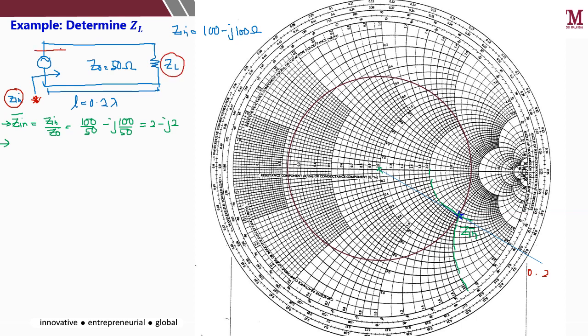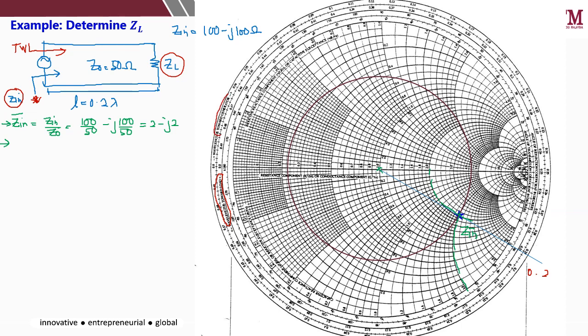Okay, now that you have the Z-in and want to find the ZL, you are looking at Z-in towards the load, right? So from the Smith chart, you need to refer to wavelength towards the load. It's not on the same axis as towards generator.